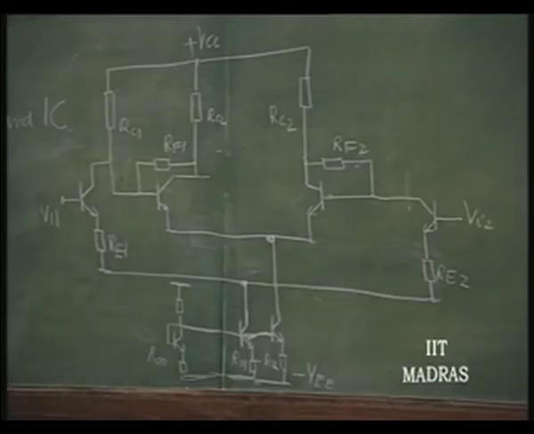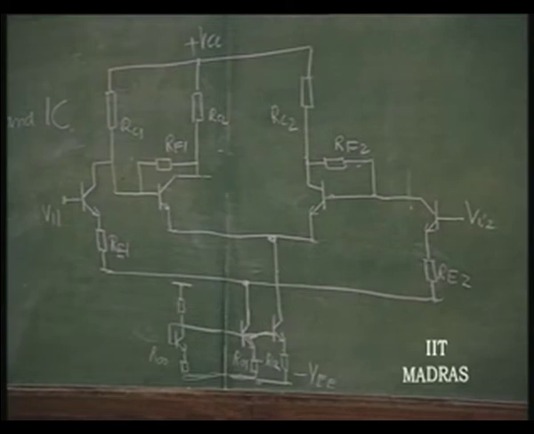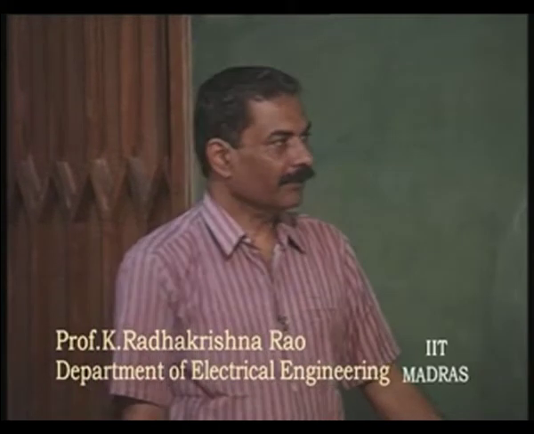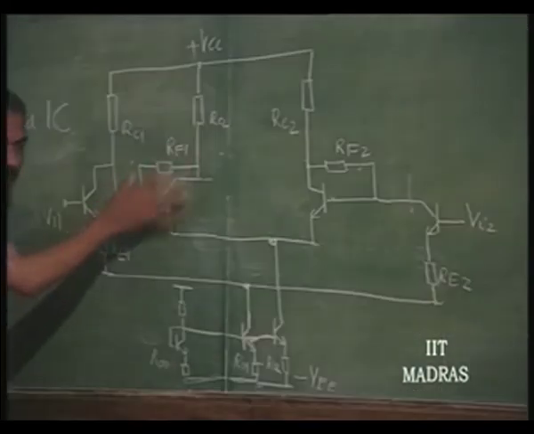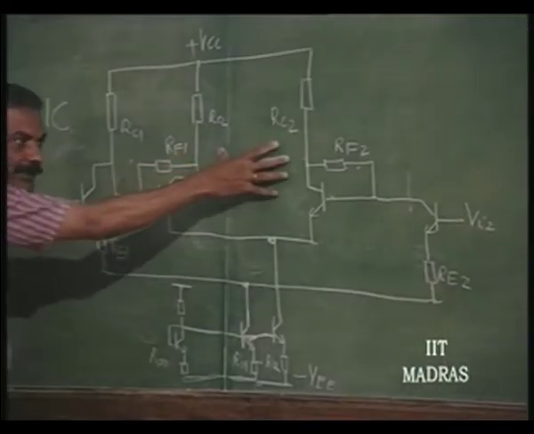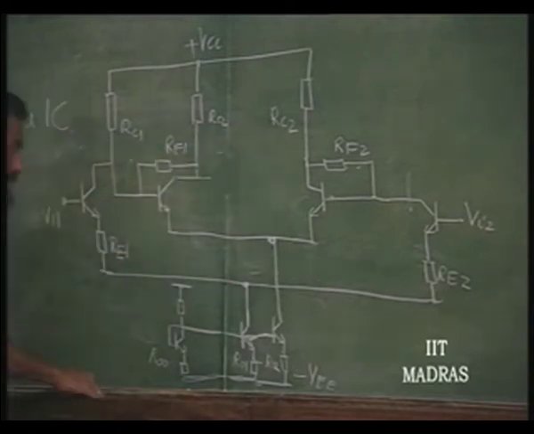Therefore, this becomes a video amplifier stage usable for very high frequencies of the order of a few megahertz. The differential gain of this is going to be RF divided by RE, if you take the differential output to differential input.